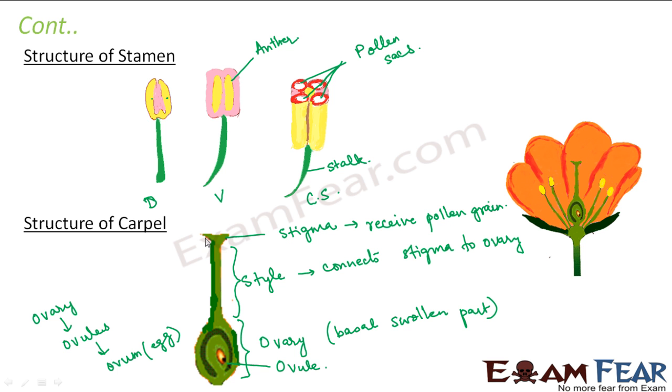So that means the pollen grain has to reach this egg. It has to reach inside the ovule which is present inside the ovary. So first the pollen grain will reach the stigma, then it will travel through the style, and then it will reach inside the ovule. So this is the male and the female reproductive structure in a plant.